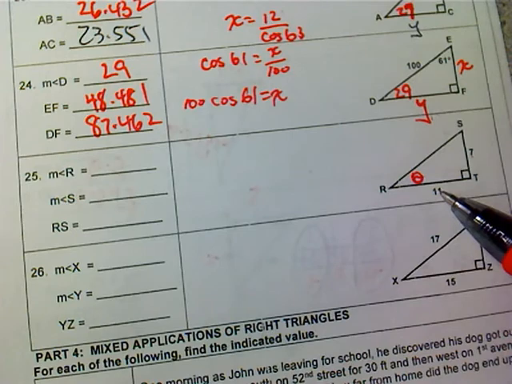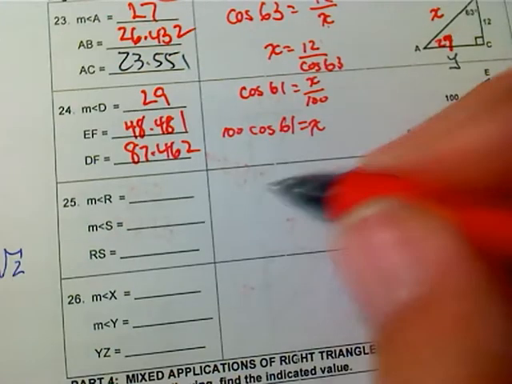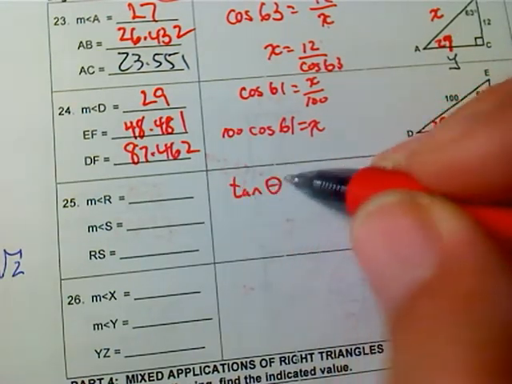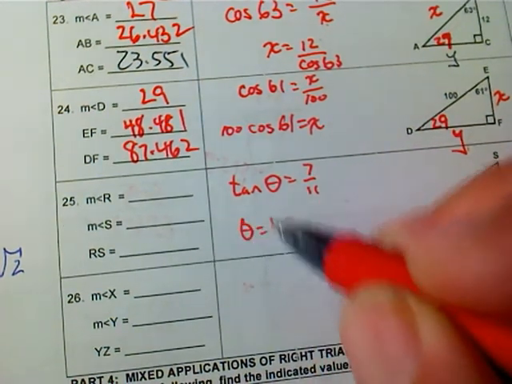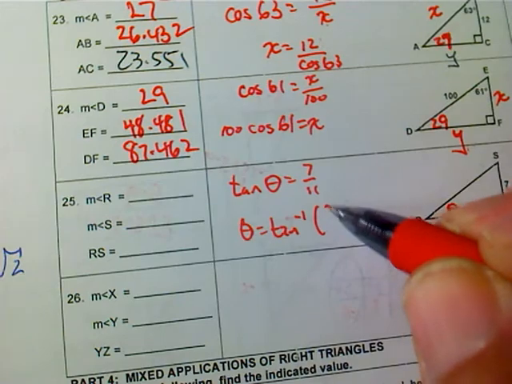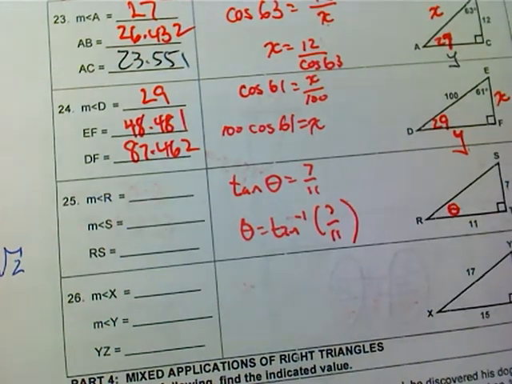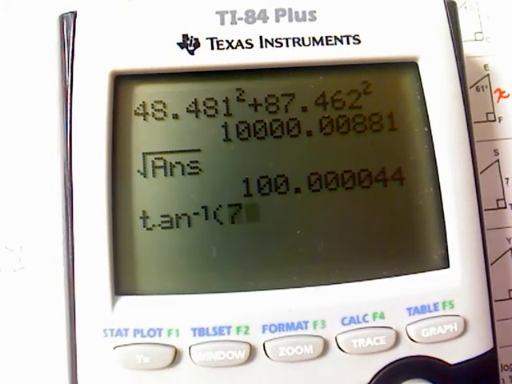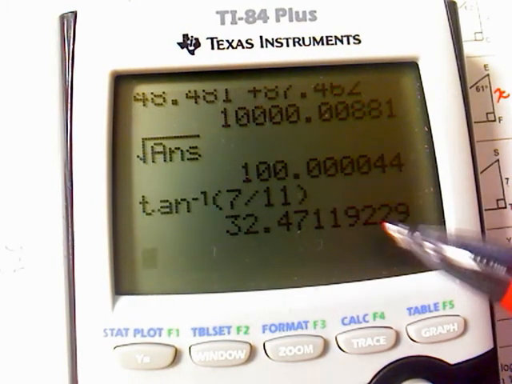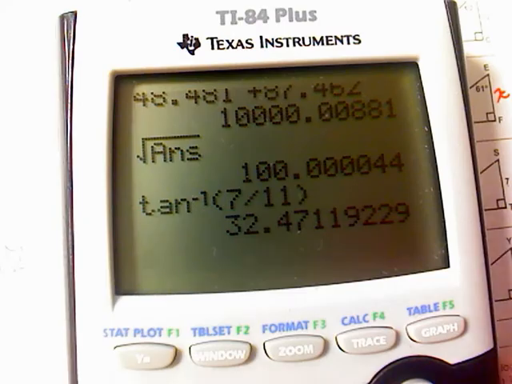It's the opposite over the adjacent. That's the tangent. So the tangent of theta is opposite over adjacent. So what I want to do then is the inverse tangent of 7 over 11 to make that work. So I'm going to go second tangent. That gives me the inverse of 7 over 11 rounded to the nearest degree. That's 32.